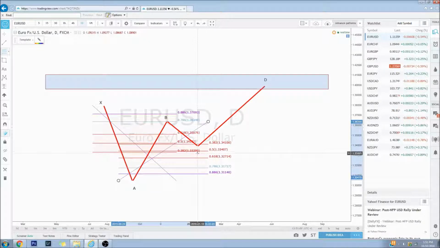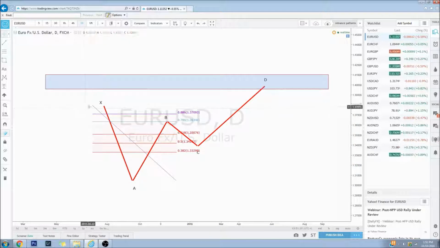Once again, the wick can come to the 50%, but the candle must close under the 382, or above the 382, depending if it's a reverse on the other side going down. Here we have the 382 close, and now we're looking for a completion point.